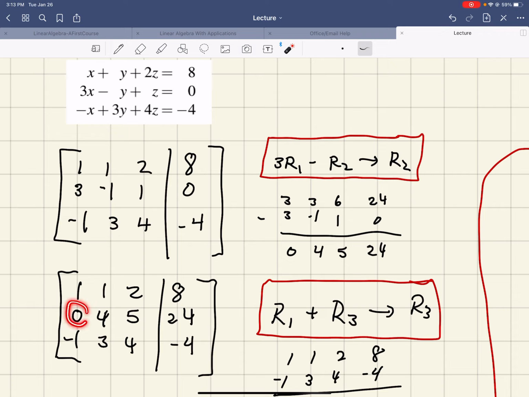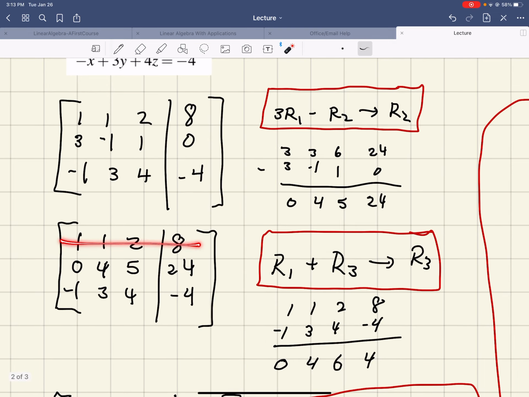So now I've got a 1 there. I want this to be a 0. So looking at this, I'm going to ask myself, how can I use this to make this into a 0? Well, if I just straight add them together. So you can see over here, I said, let's add those two together and replace row 3 with that.